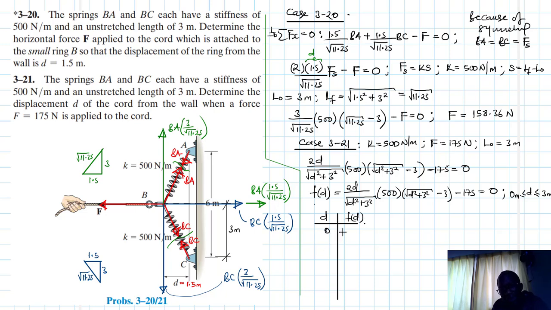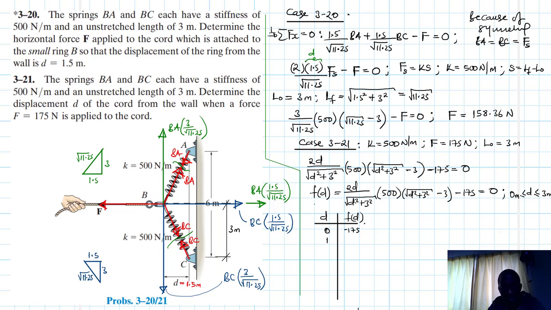When d is equal to 0, this part is all 0, we'll have just 175. When d is equal to 1, let's plug in. What do we have?